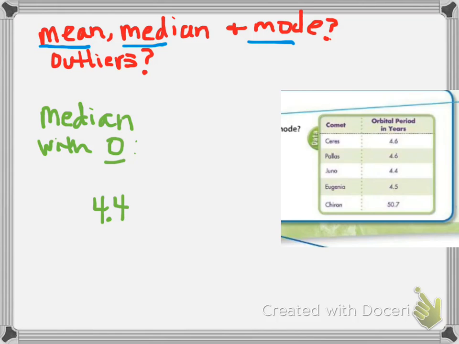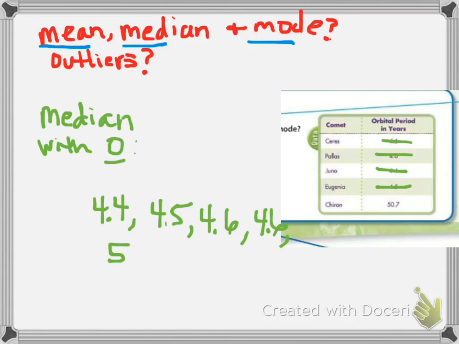So 4.4, then 4.5, then 4.6, and then 4.6, and then 50.7. Okay, so now that we have it in order from least to greatest, we're going to cross them out. Left, right, right. And it looks like the median is 4.6.